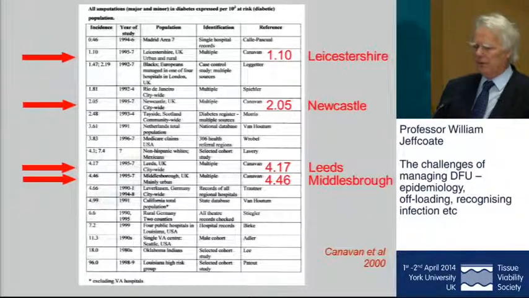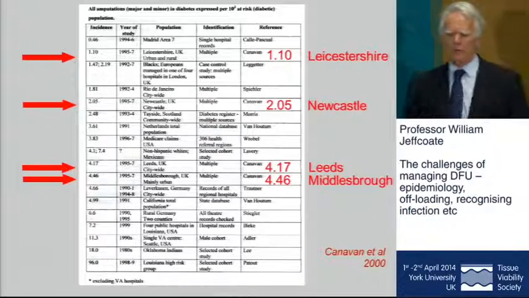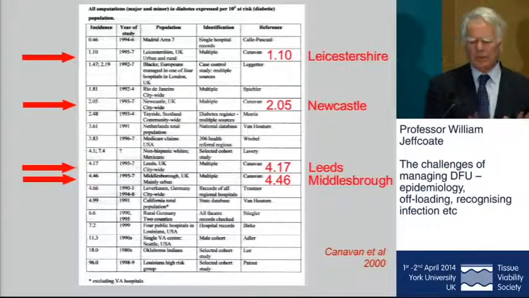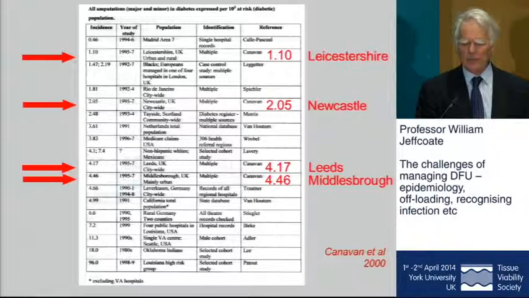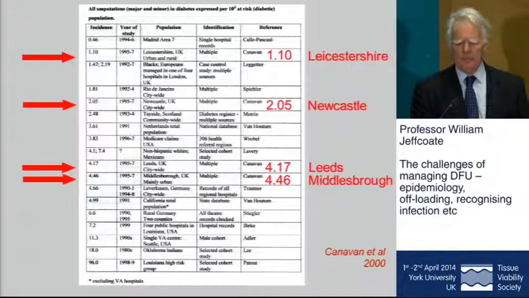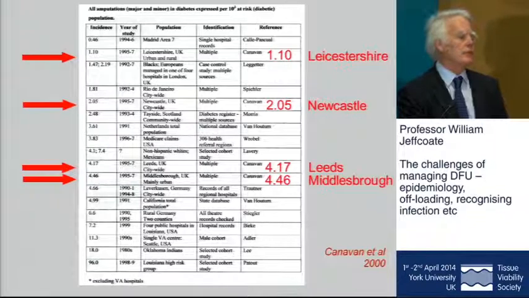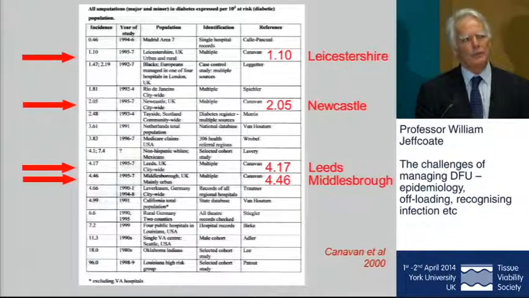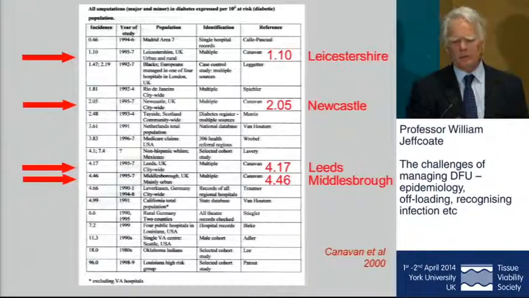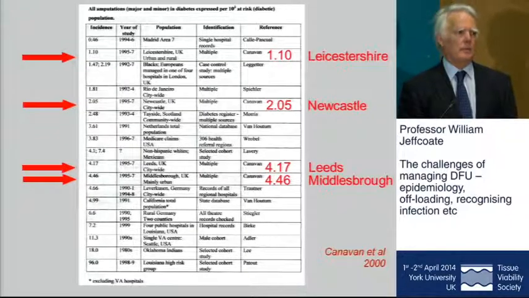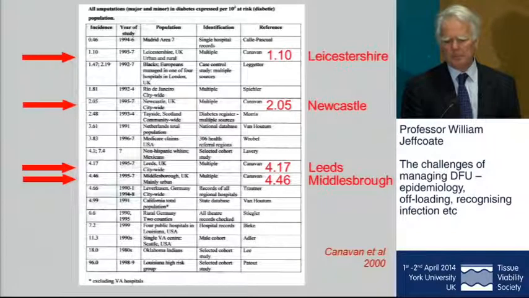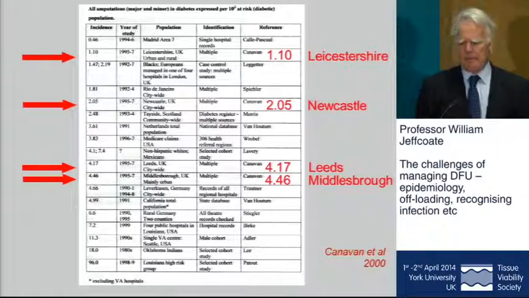They're all sort of northeasty places, although Leicestershire is actually the county of Leicestershire, so it's both urban and rural, and the others were towns. But there was 4-fold variation between these 4 centres. And it comes back again to other factors. Now, race might contribute to the low incidence in Leicestershire, because they have a very high population of people who are Asian. But it's still variation which is worrying.